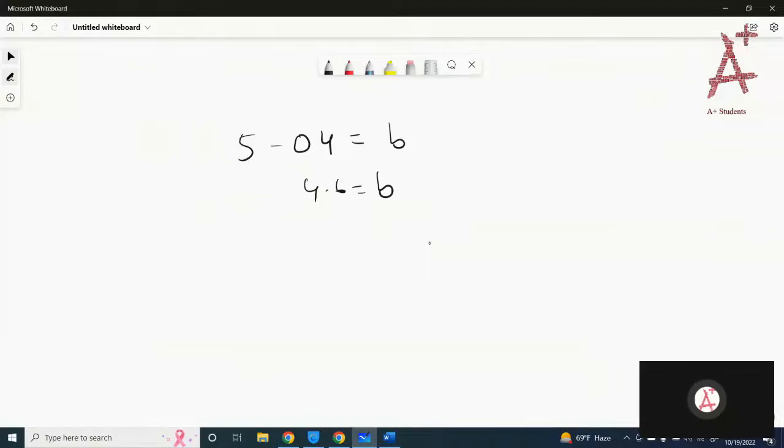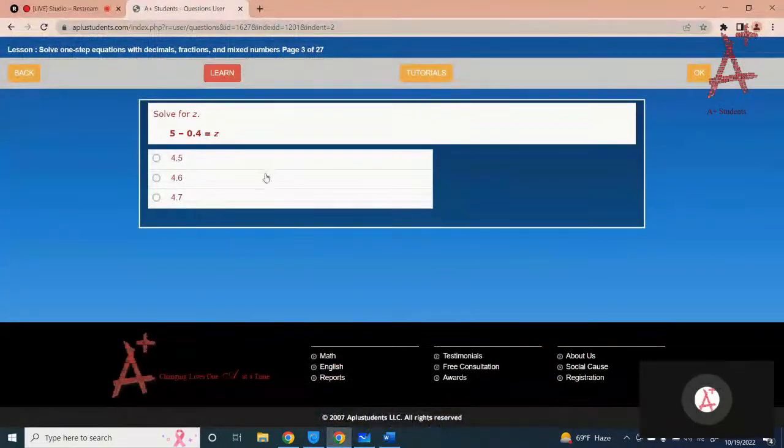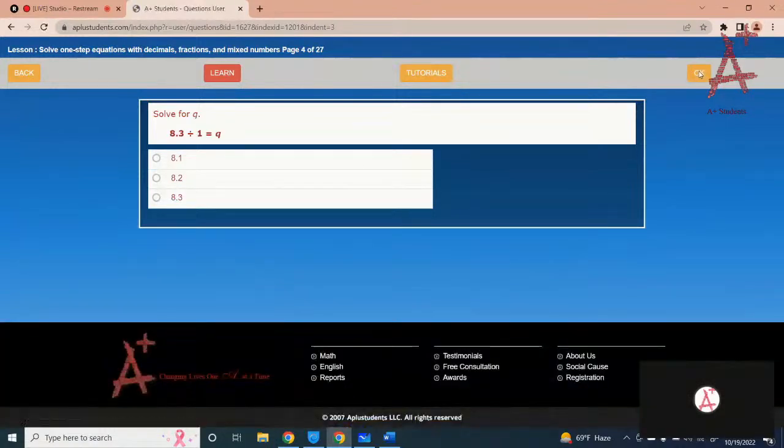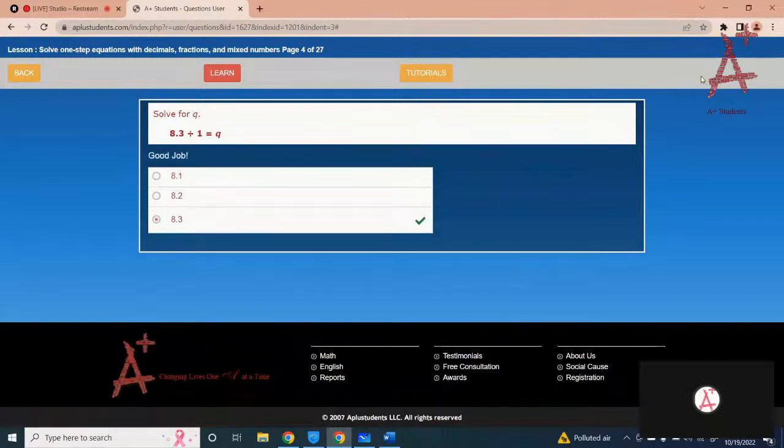So the value of b equals 4.6. Just select the correct option and click on the OK button. Okay, 8.3 divided by 1 equals q. Any number divided by 1 equals the same number. So 8.3 divided by 1 is 8.3. Select the correct option and then click on the OK button.